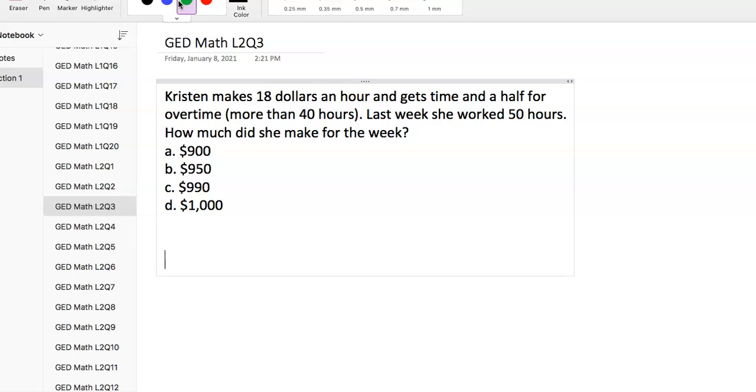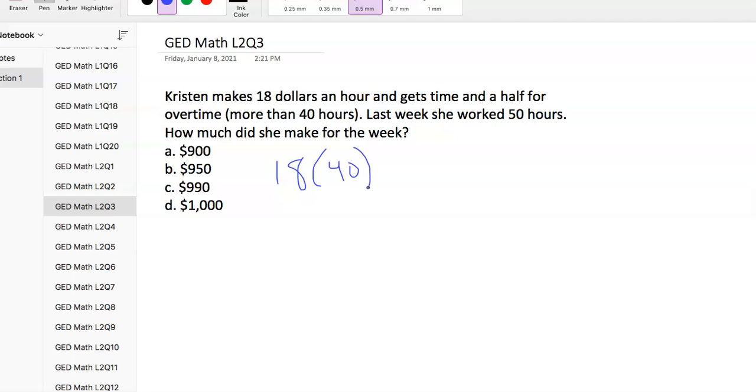So we start off with she makes 18 an hour times 40. So that's the first 40 hours of the week. And that 18 times 40, to save you crunching numbers, equals 720. And the final 10 hours, because she worked 50 hours total.